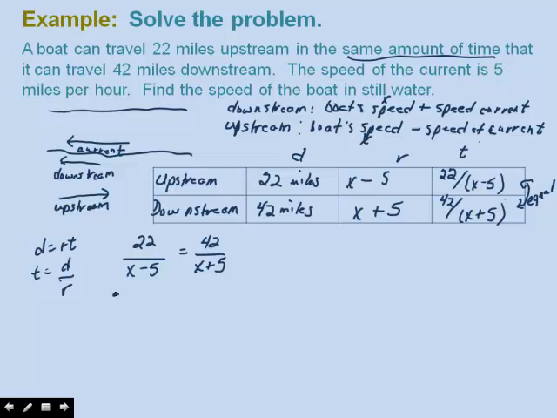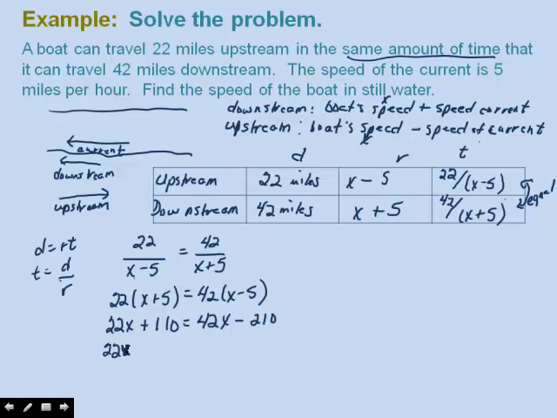Since we only have one rational expression on each side, we can cross multiply. So that gives us 22 times x plus 5 is equal to 42 times x minus 5. If we distribute our 22 on the left side, we get 22x, and 22 times 5 is 110. Then on the right side, we have 42x minus 42 times 5, which is 210.